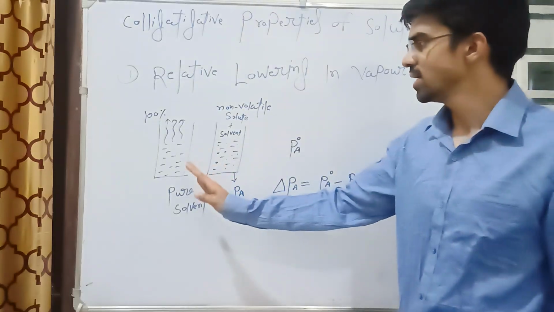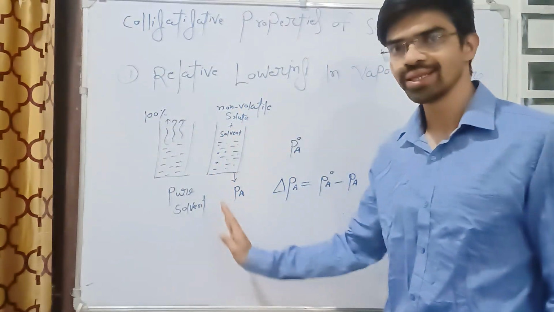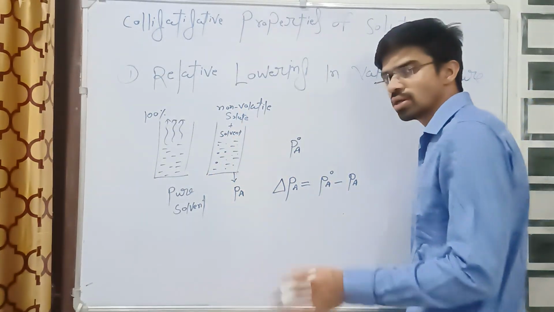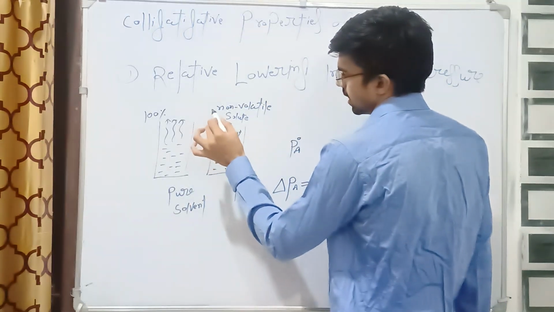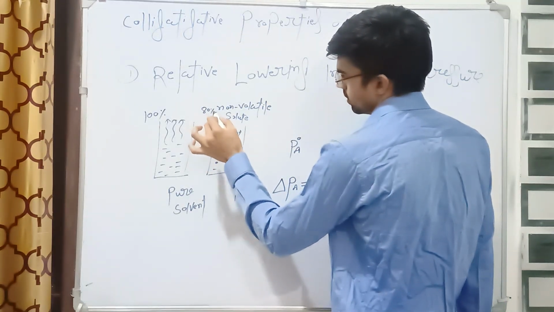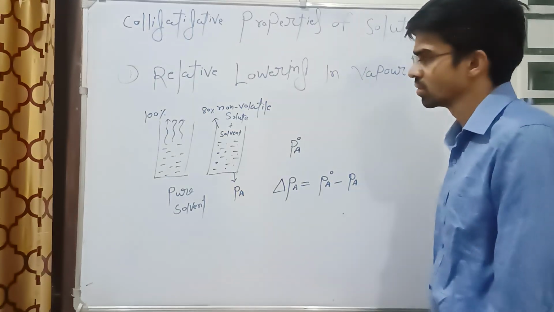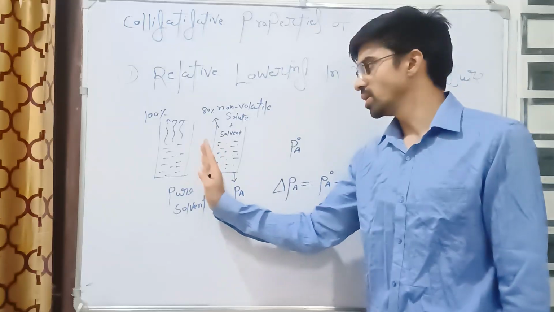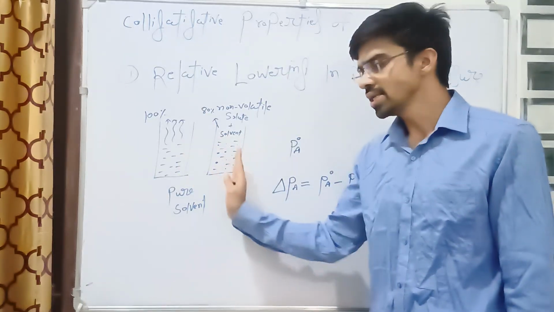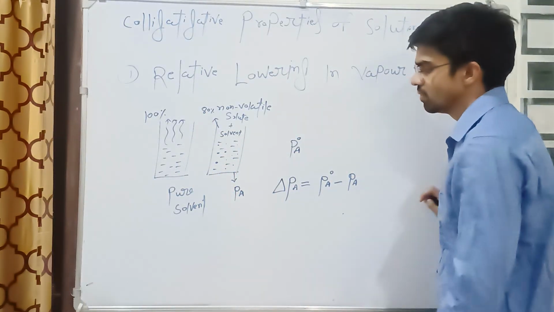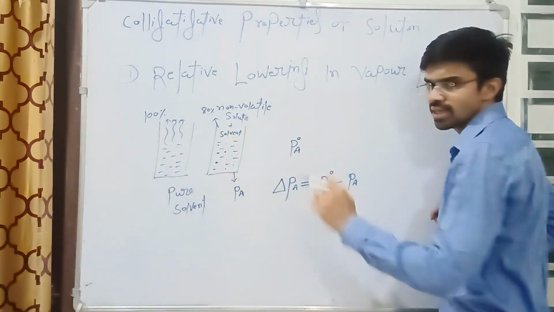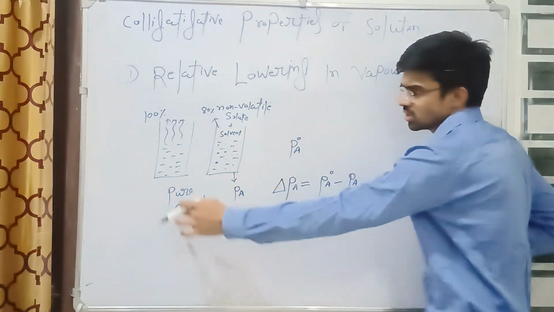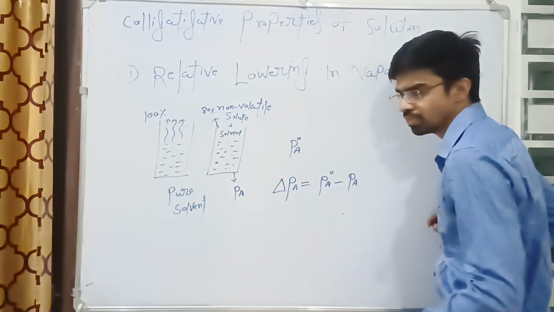Now when we add some non-volatile solute in that solvent, the vapor will be decreased and let us consider it will become 80%. So now the vapors which is formed is decreased. So the change in vapor will become 100 minus 80, that is P naught A minus PA.